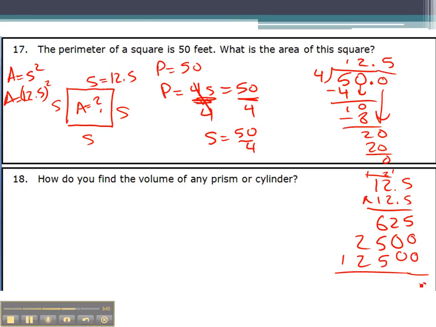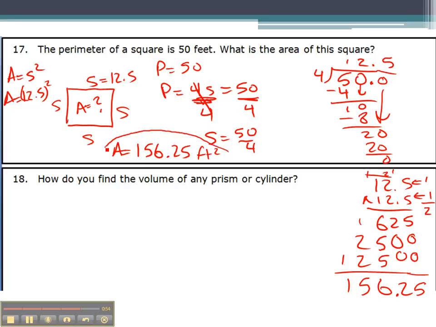Add those all up. And then there's 1 decimal place here, 1 decimal place here, so 2 in our answer. So the area equals 156.25 feet squared. Area is square feet. Remember, area is how many squares will fill in that shape.